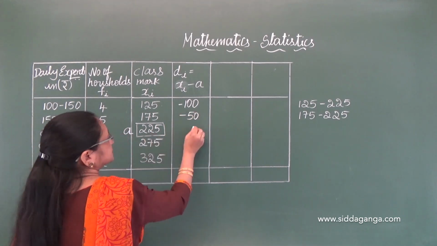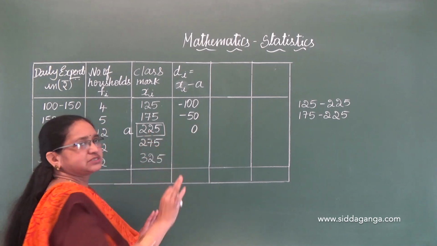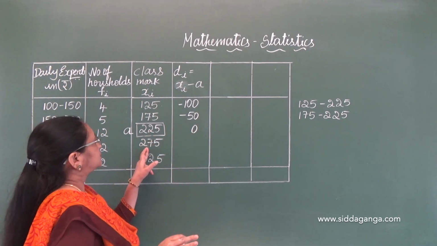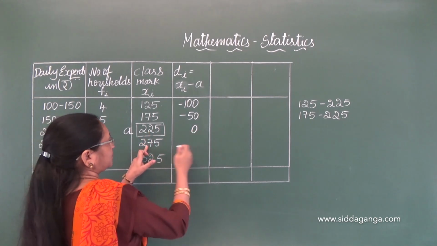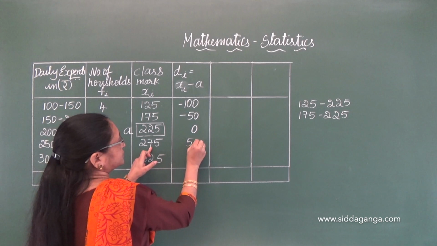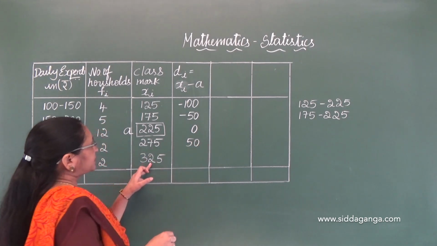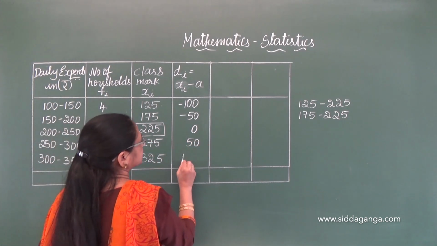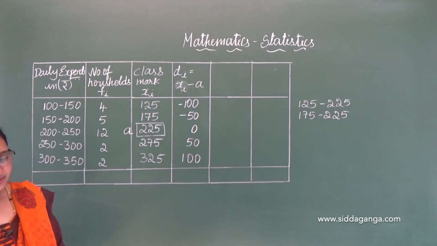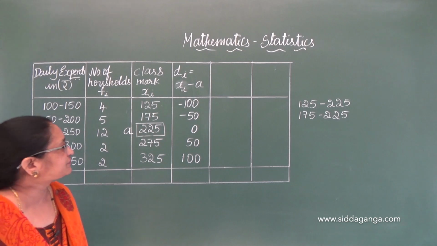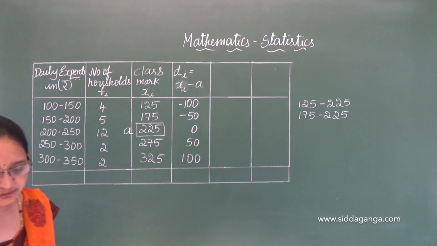Next, this is 0, 225 minus 225 is 0. Next, 275 minus 225. From here onwards, positive terms will be there. So here 50, and 325 minus 225 is 100. Okay. So now minus 100, minus 50, 0, 50 and 100.